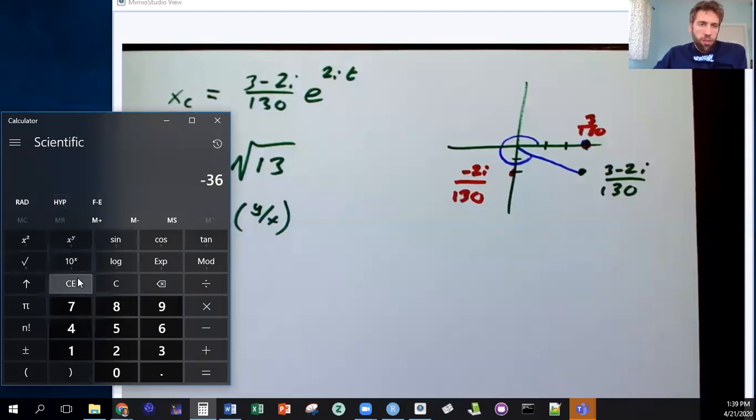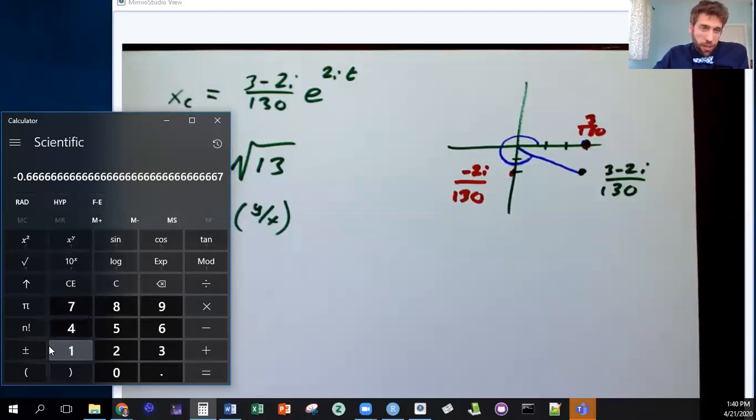in radians, and then I'll take, so y is basically negative 2 divided by 3. Now, I would have got that same number if I had the 1 over 130 for both of them. And then we're going to take arctan.